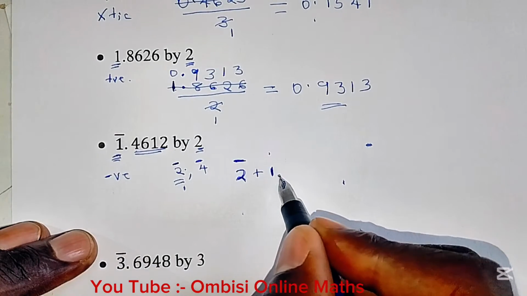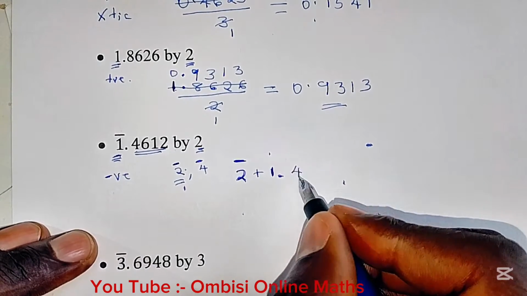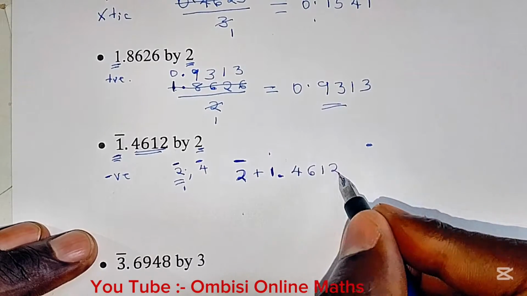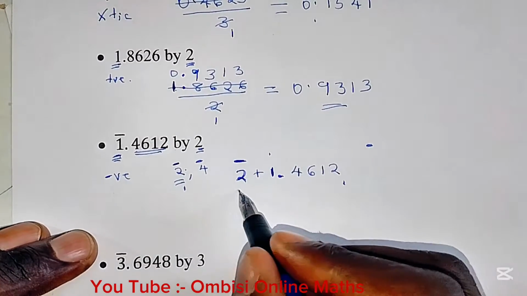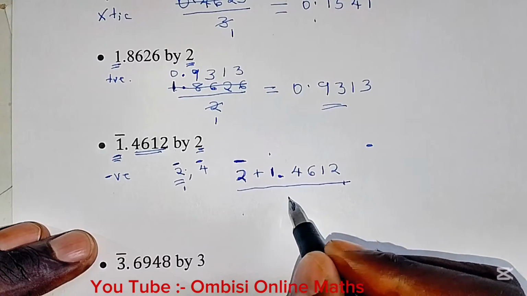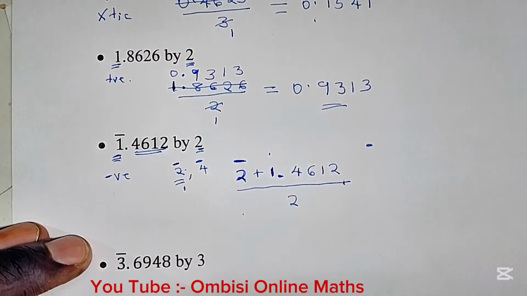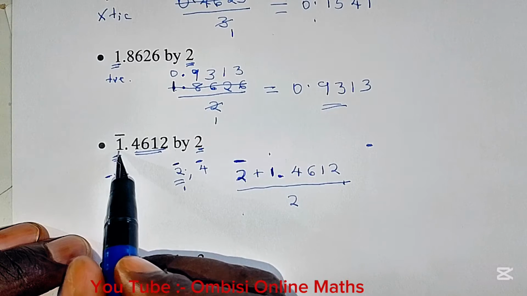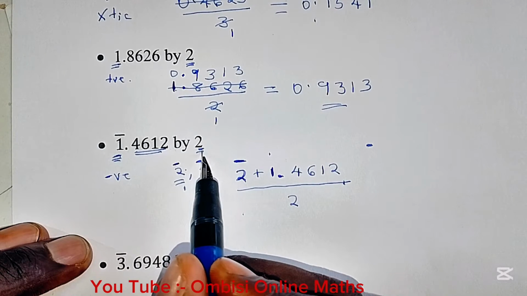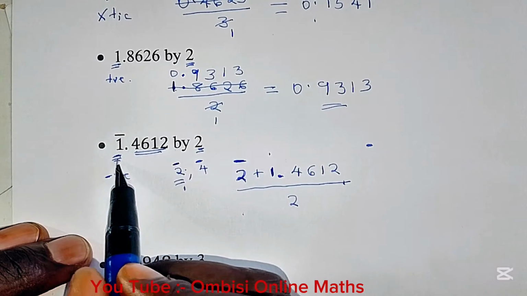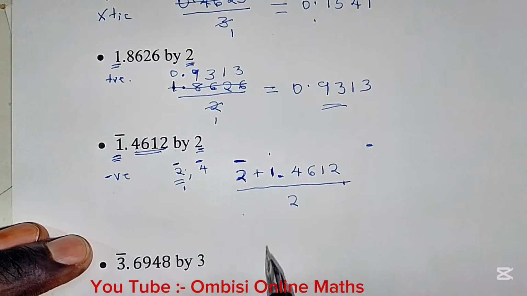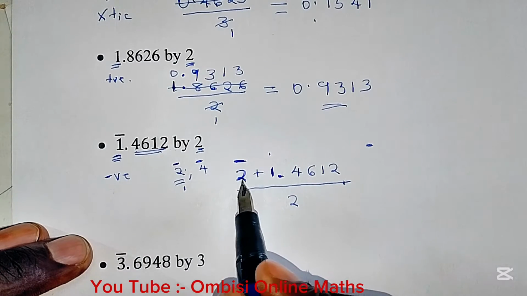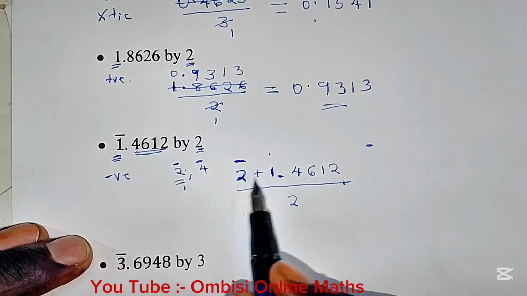Then 1.4612, now we can divide with 2. The characteristic is not divisible by 2. So we have to make it divisible by 2, that is, by adding a certain number to its multiple.